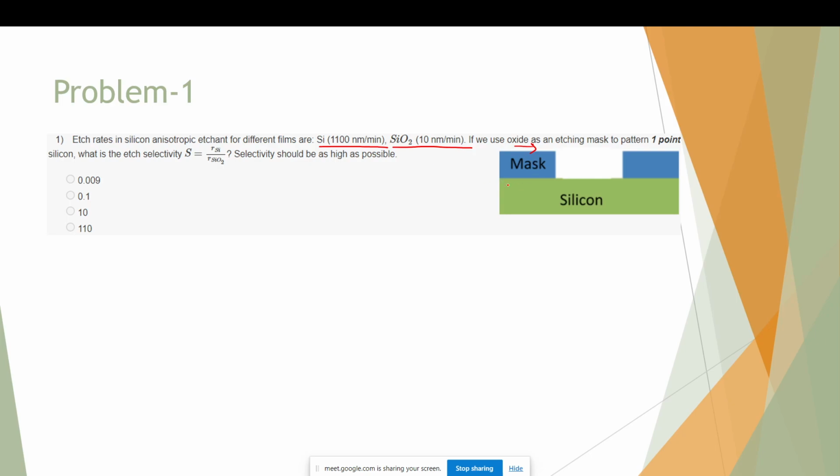That is why we need high selectivity. S is the rate of silicon upon the rate of etching of SiO2, so it will give me 110. This is the correct answer.